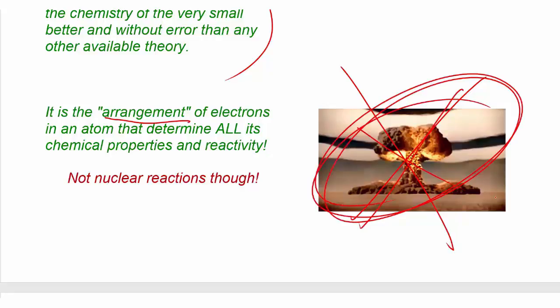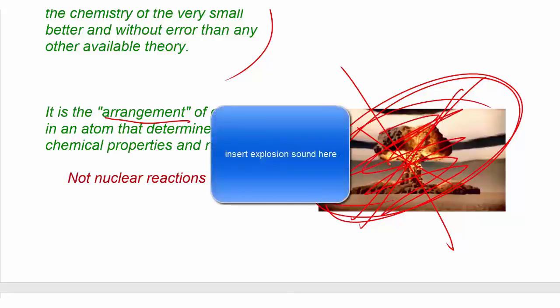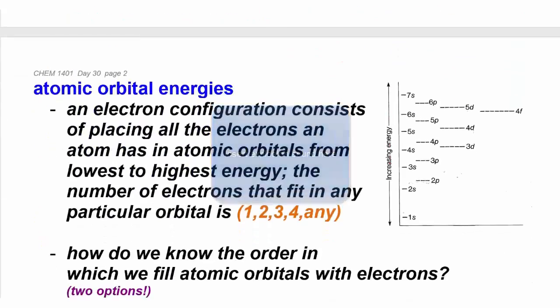We're talking about every other type of interaction that an atom or an element exhibits. And we are going to see it's really the outermost electrons, the most energetic electrons of the atom, that determine the chemical properties that we're talking about. And again, not nuclear chemistry. This is regular chemistry here.